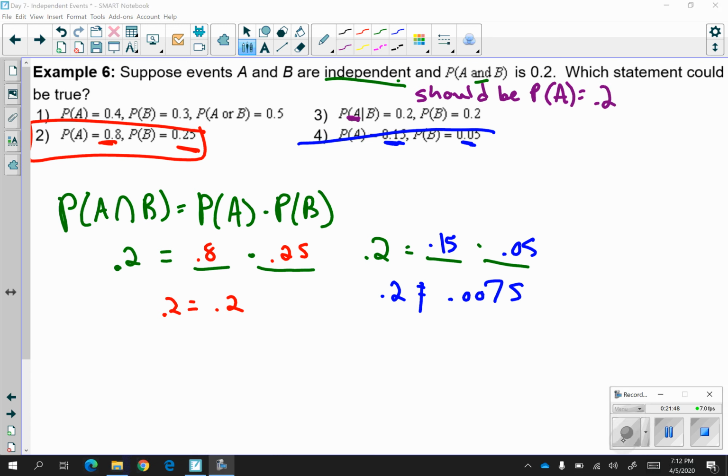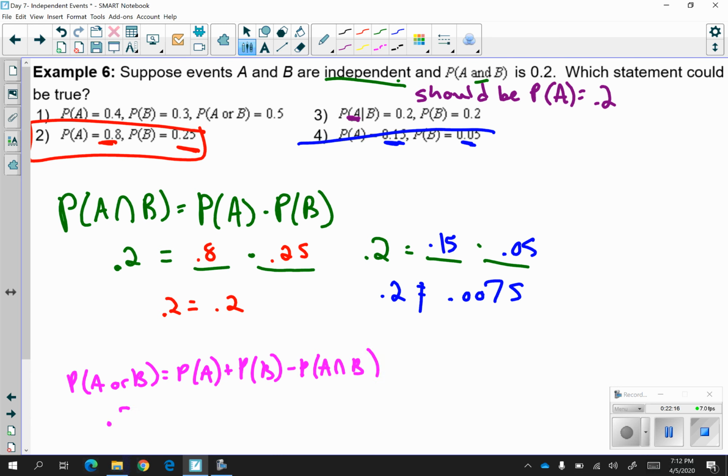Now the last one, or rather the first one, doesn't work either, because if you use the OR probability formula, P of A or B is equal to the probability of one plus the probability of the other minus the probability of them both at the same time.